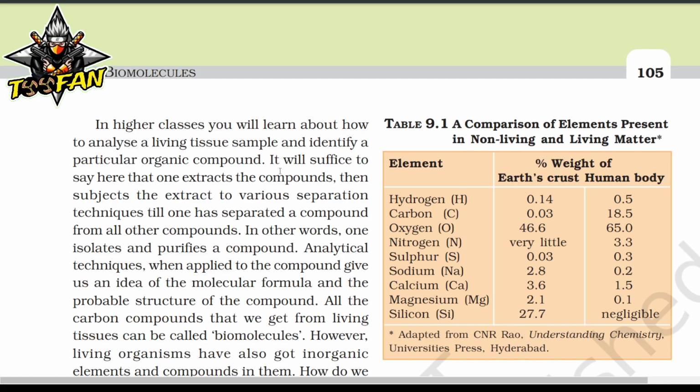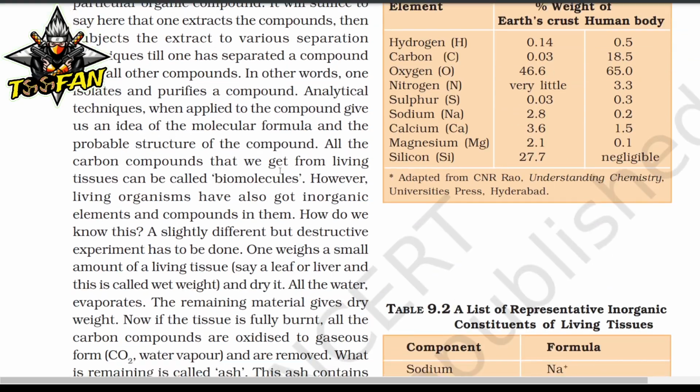In other words, one isolates and purifies a compound. Analytical techniques, when we apply them to the compound, give us an idea of the molecular formula and the probable structures of the compound. All the carbon compounds that we get from the living tissue can be called biomolecules.